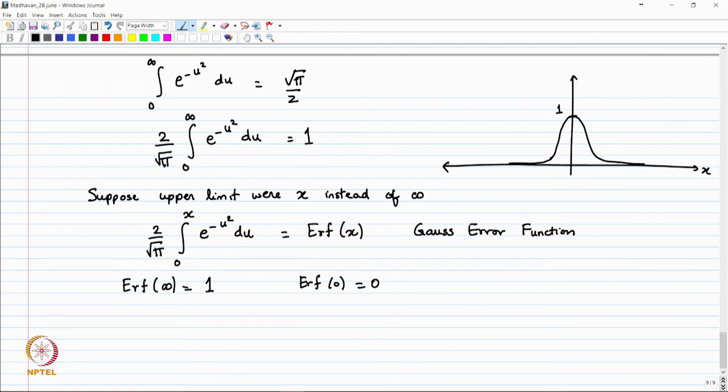Now, if you integrate it, the area under this will be root pi by 2. So, if you integrate it over all space, you get root pi by 2, but suppose you integrate it only up to some point.